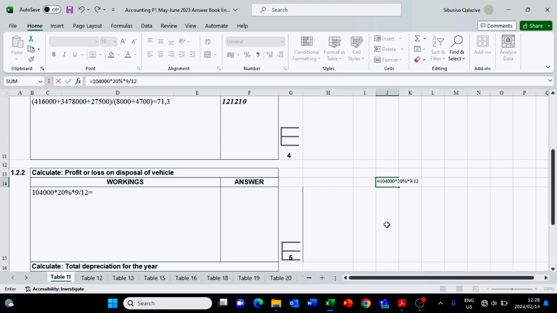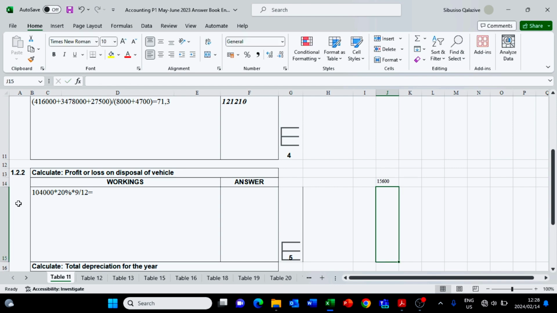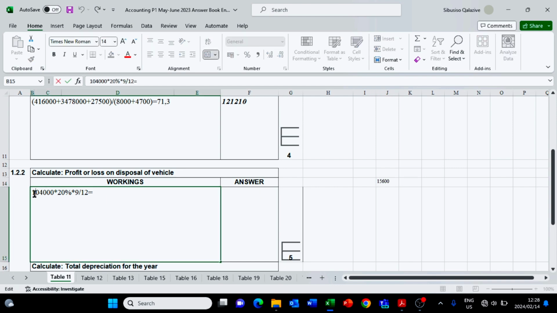So now what are we doing? We are calculating the depreciation. Let me be specific here. Depreciation of this vehicle is going to be 15,600.